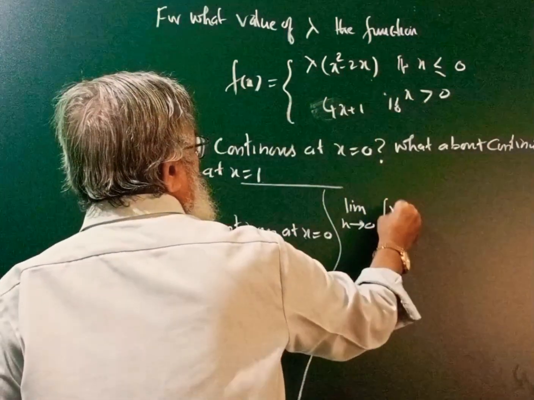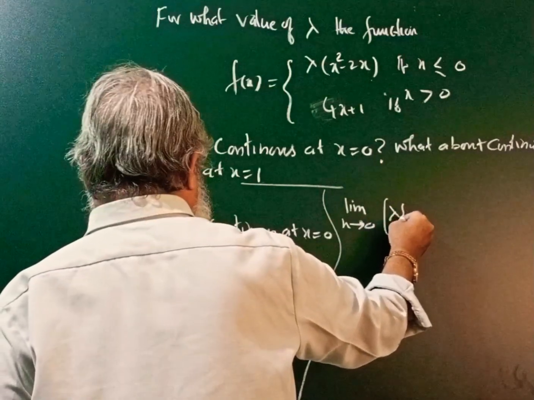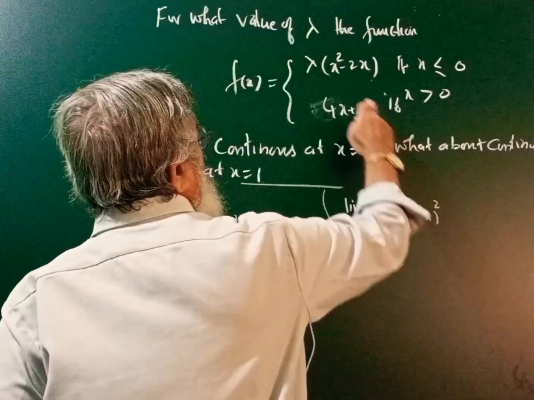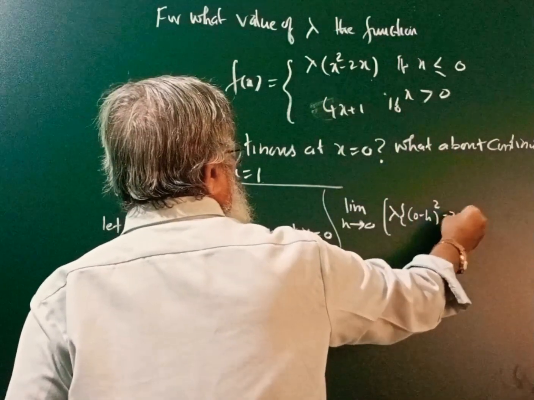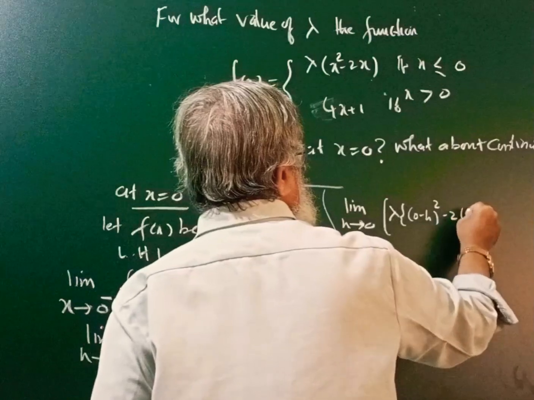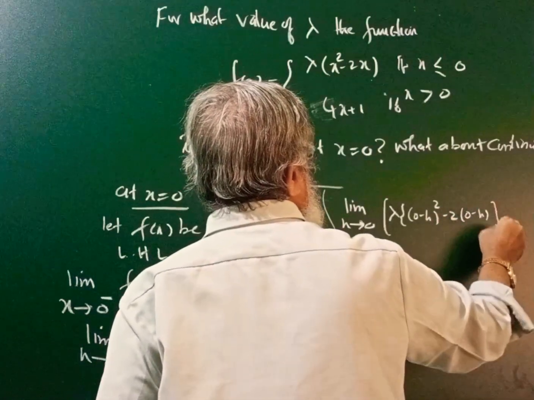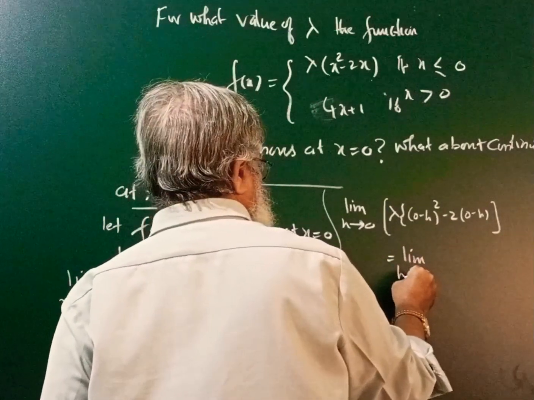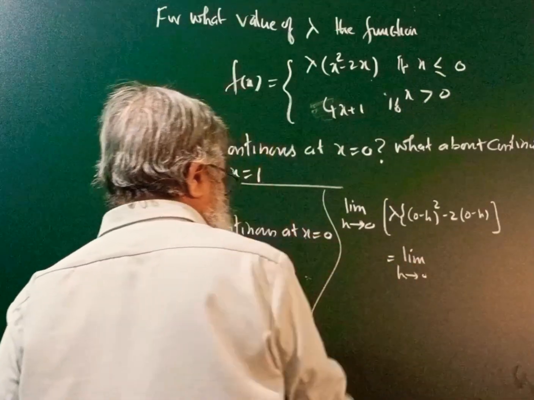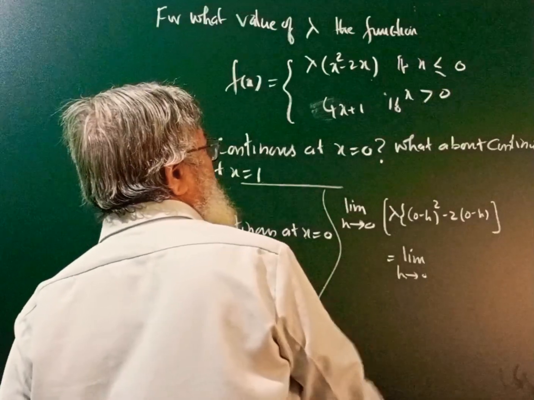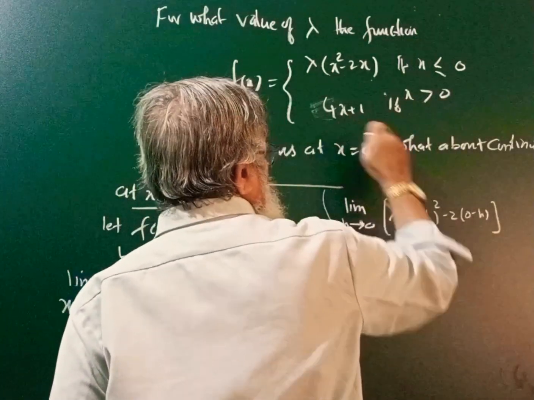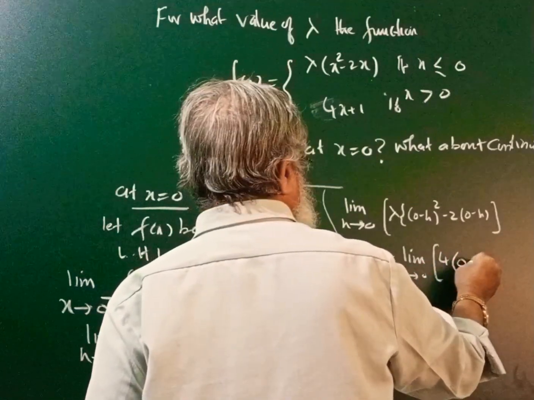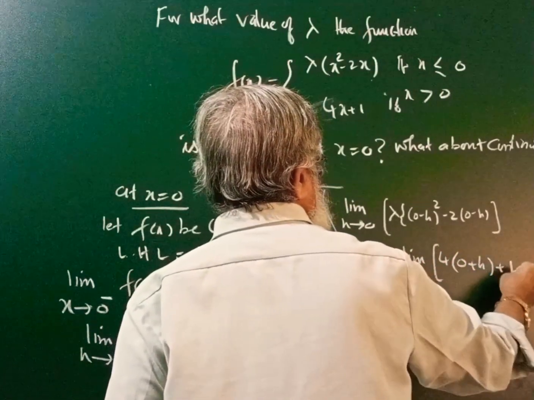So we write lambda into ((0 minus h) whole square minus 2 times (0 minus h)), equal to lambda, h tends to 0. For the right side we are adding h, so the value will be greater than 0, and this is the admissible one: 4 into (0 plus h) plus 1.